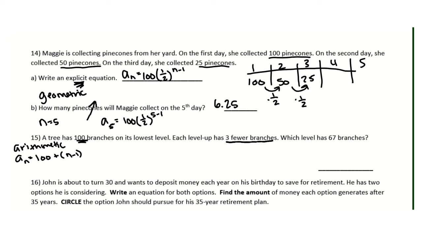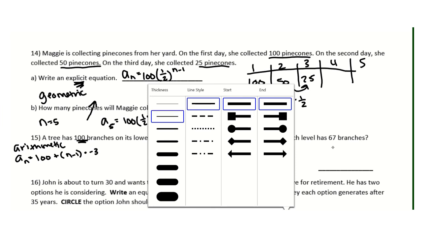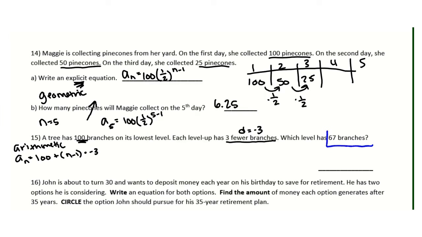And I'm subtracting 3 branches every time, so that means my common difference d is negative 3. I want to know when or what level will have 67 branches. So this is telling me that a sub n is 67. So I'll have 67 equals 100 plus n minus 1 times negative 3.